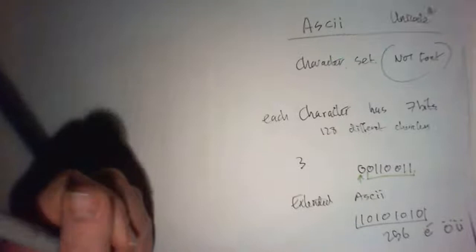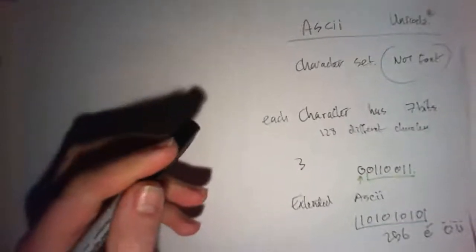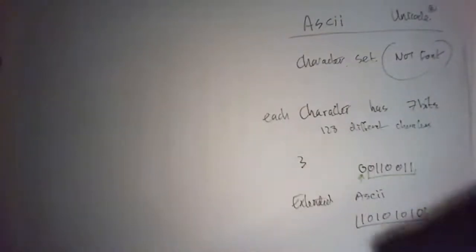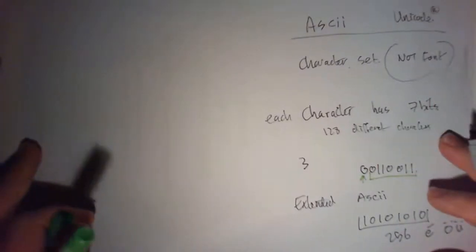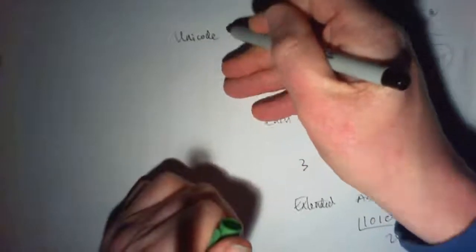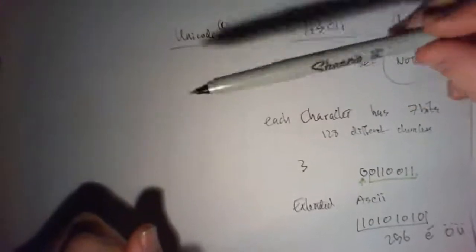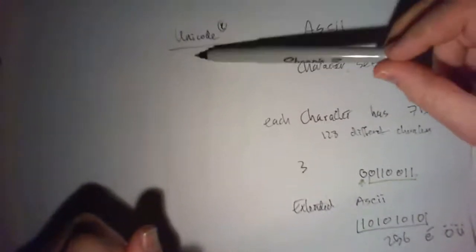So you can see the problem with it. Now it still exists. We still use it all the time because very few of us will use more than those set of codes. But obviously, it's been overtaken because of its limitations by Unicode. Unicode comes in several different forms and tries to cover every possible character that might be written.